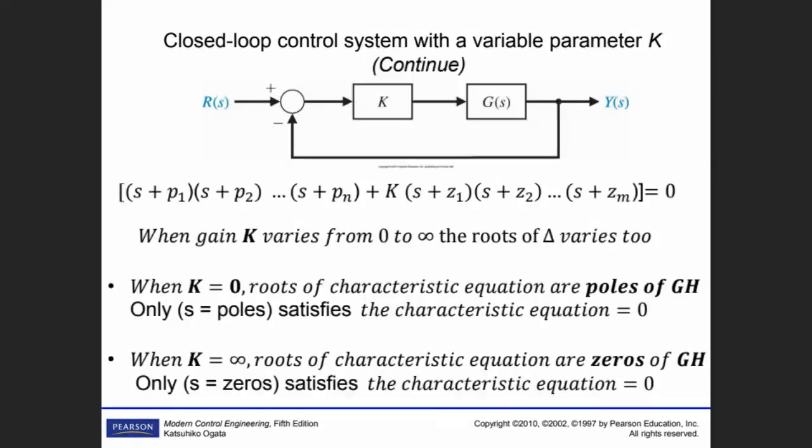Yeah, the journey starts from k equal 0, which are poles, and ends at k equal infinite with zeros.